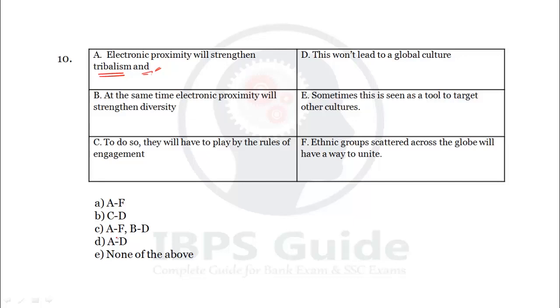But we also get BD, AF and BD. BD: at the same time electronic proximity will strengthen diversity. This would not lead to a global culture. But it is not a properly matched sentence.